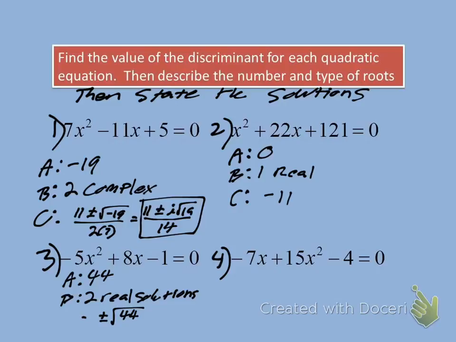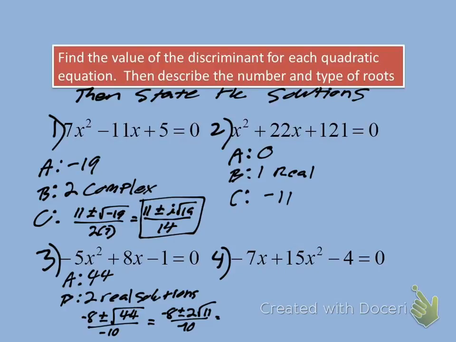Negative b would be negative 8 all over 2a, which would be negative 10. This one's a little nasty. You get negative 8 plus or minus 2 root 11 over negative 10, and then you got to reduce that. So this isn't a great example because it's kind of crushed, but just kind of go with this for tonight, okay?